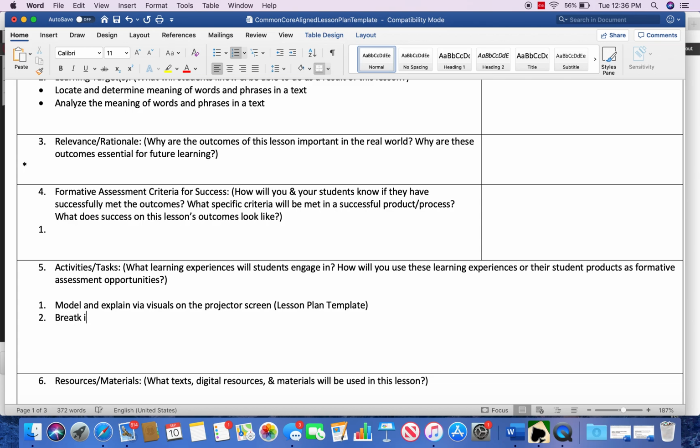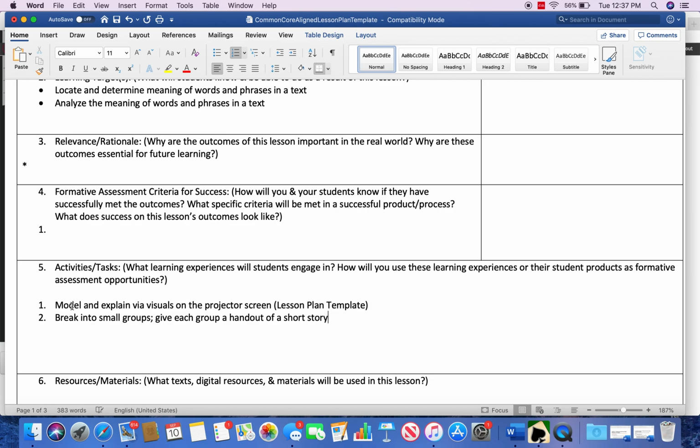Activity number 2, break into small groups. Give each group a handout of a short story.